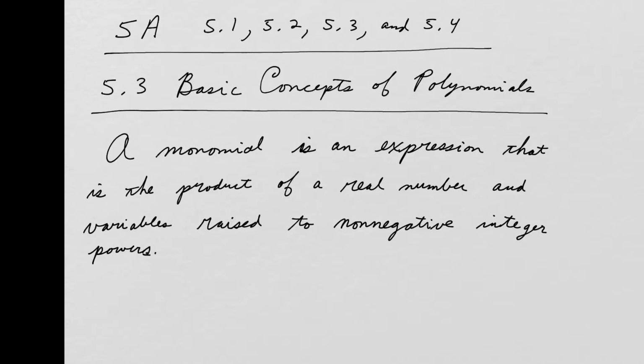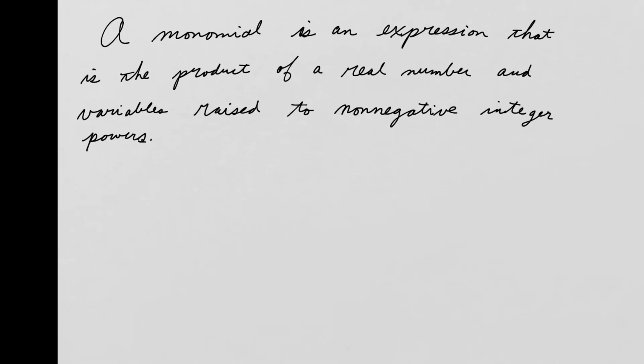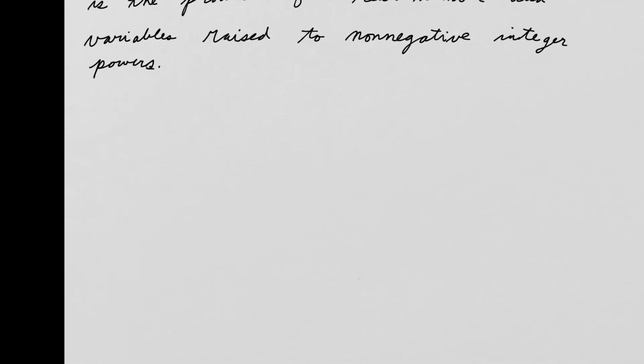Okay, so an example would be the following. Actually, I'll give you several examples. So something like, say, -3, that's my real number. And then I have some variables, and the exponent is always a non-negative power. So say 2, 3. That would be an example of a monomial, okay? Or, something like 5x, right?